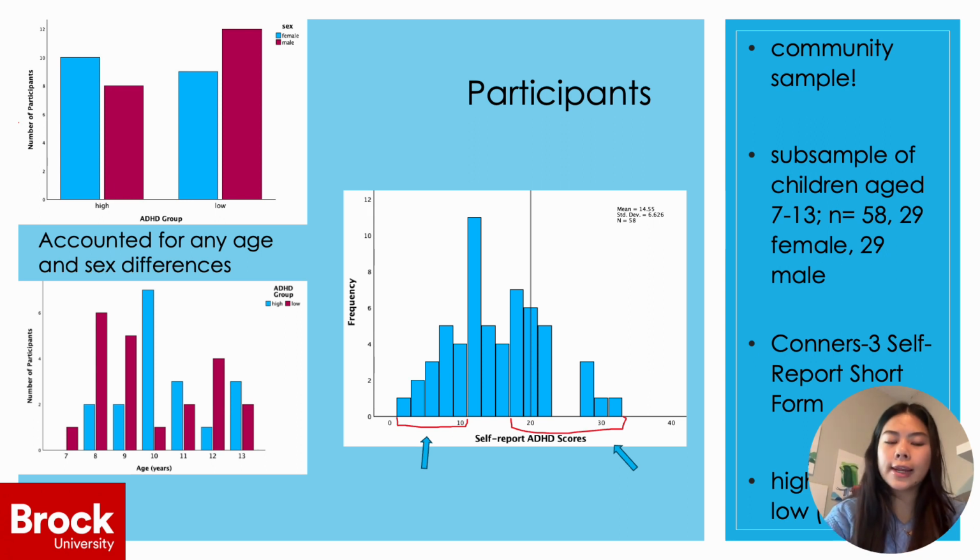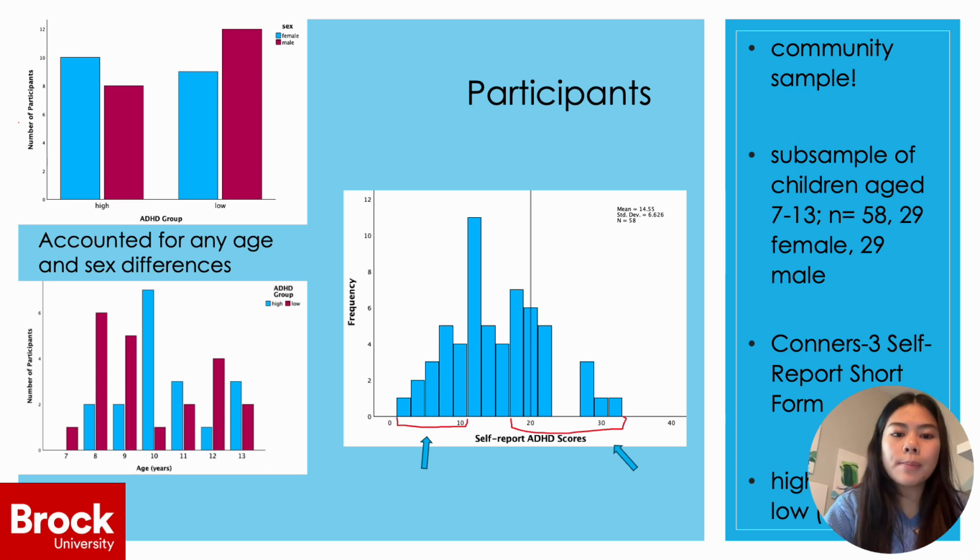I also accounted for any sex and age differences using chi-square tests and independent t-tests to make sure that age and sex differences between the two groups were not going to conflict with my results or be third variable problems, and they were found to be not significant, which is a good thing, which means that age and sex did not account for my results.